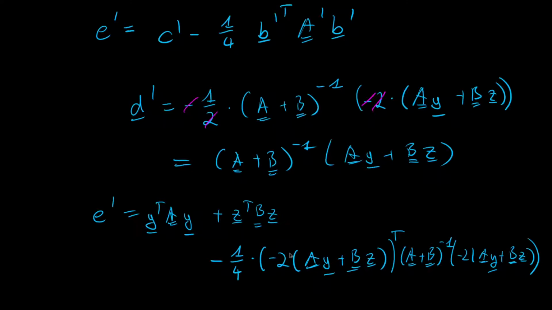Then let's look at the 2 and the 4, which will be 2 times 2 is 4, 4/4 will be 1. And the minus cancels, but since we have another minus, we will keep the minus.